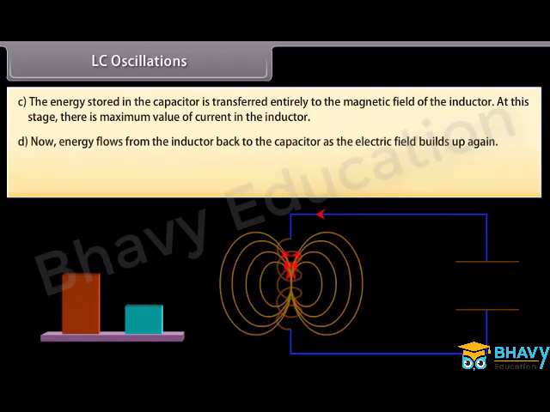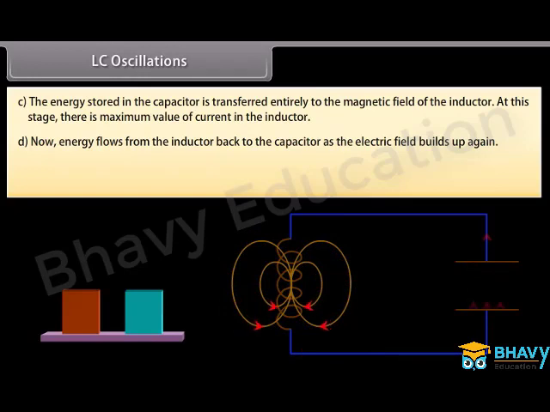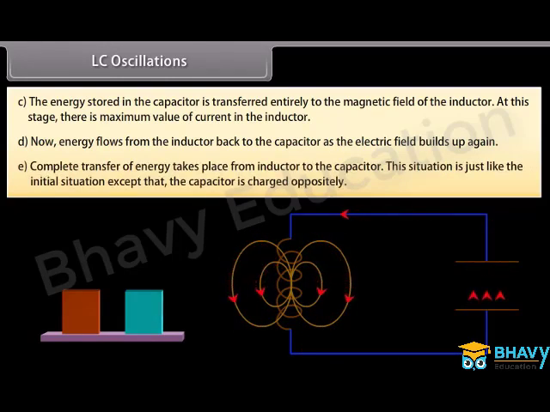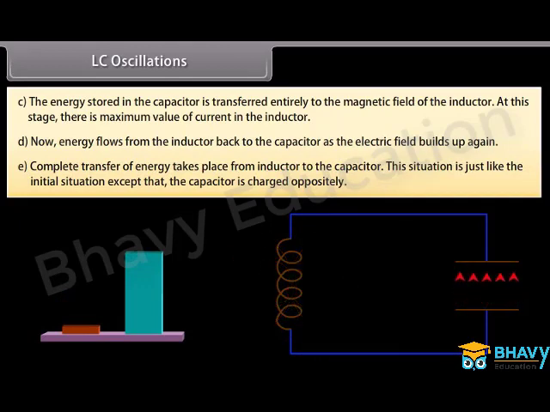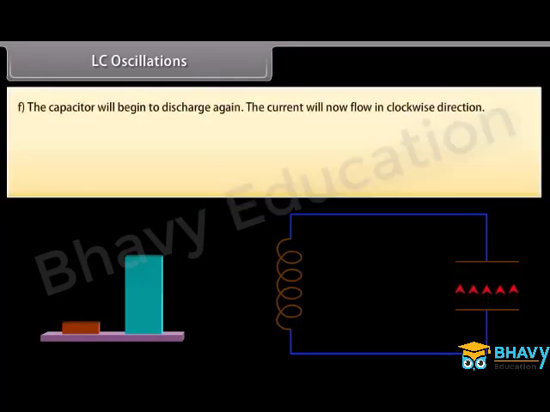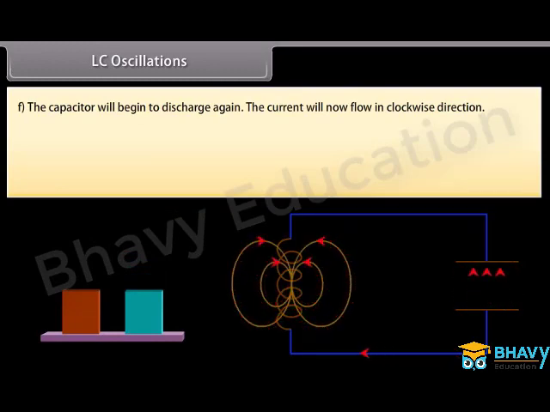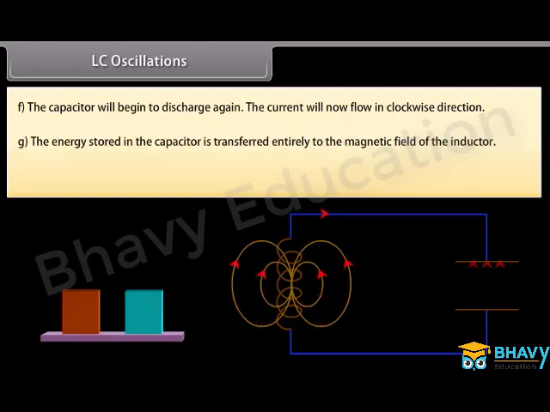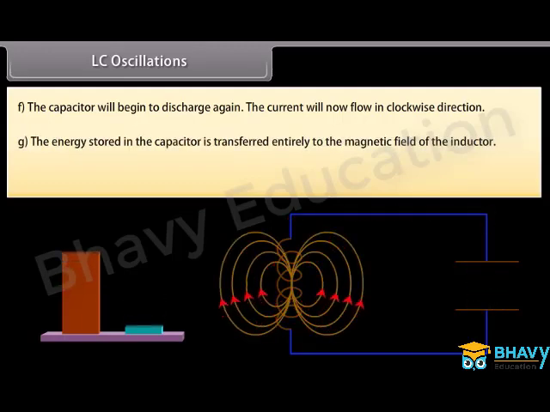Now, energy flows from the inductor back to the capacitor as the electric field builds up again. Complete transfer of energy takes place from inductor to the capacitor. This situation is just like the initial situation except that the capacitor is charged oppositely. The capacitor will begin to discharge again. The current will now flow in clockwise direction. The energy stored in the capacitor is transferred entirely to the magnetic field of the inductor.